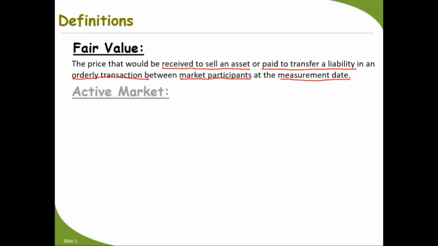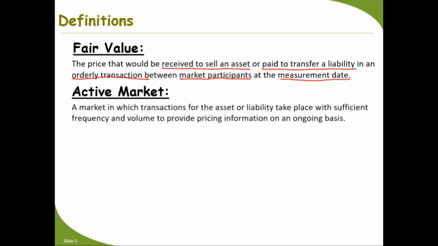Then we have the active market: a market in which transactions for the asset or liability take place with sufficient frequency and volume to provide pricing information on an ongoing basis.